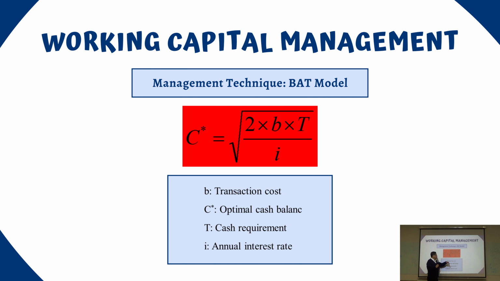With this formula, suppose I am a person, and for the whole year I need to spend $2 million. And I also have a transaction cost. Every time I go to the bank to withdraw money, I have to pay $6.